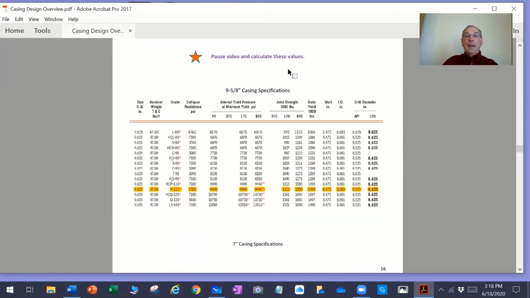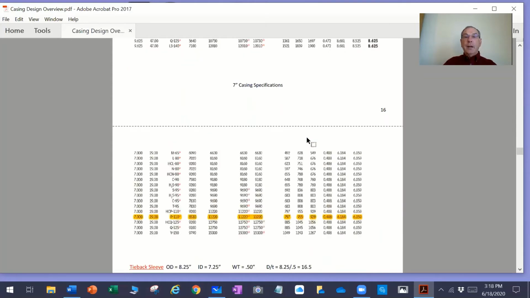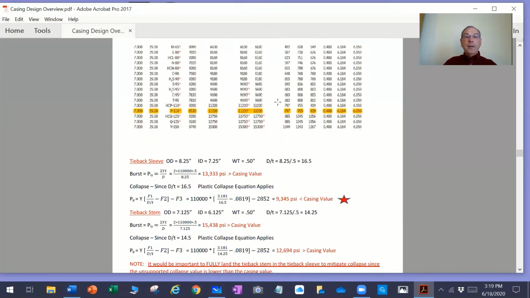All right. I have listed the specifications for 9 5/8 casing here. The 9 5/8 casing that I specified was 47-pound P110. It's listed here for your values, and I'm not going to read it to you. And then the 7-inch liner was 29-pound P110, and the values for that are listed here in this table.